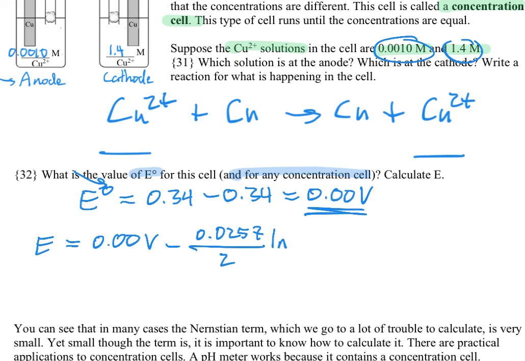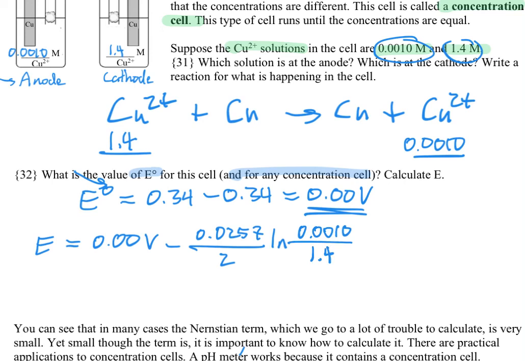Okay, so I want to make sure that the lower concentration, the more dilute solution, is on the product side, and the more concentrated solution is on the reactant side, because this is the concentration that has to be reduced. This is the concentration that has to be oxidized. So this is going down, this is going up. And so that means I will put the 0.0010 molar in the numerator, the 1.4 molar in the denominator.